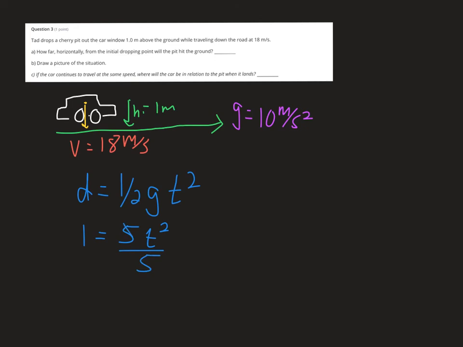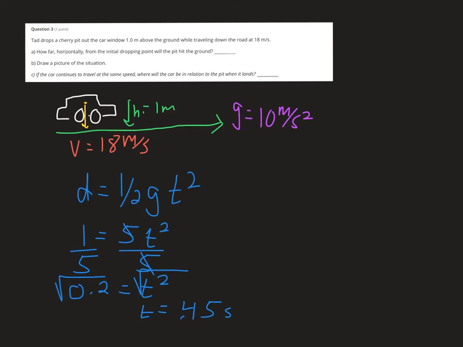Divide both sides by 5, and that gives me, in decimal, 0.2 is equal to t squared. If I take the square root of that, something weird happens in that my answer gets bigger. We'll not worry about the math; just know that that's normal. It's like dividing by a decimal: numbers get bigger.